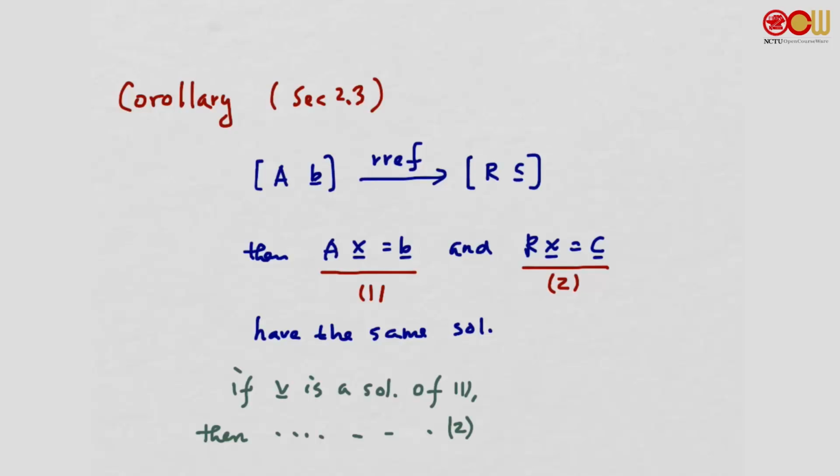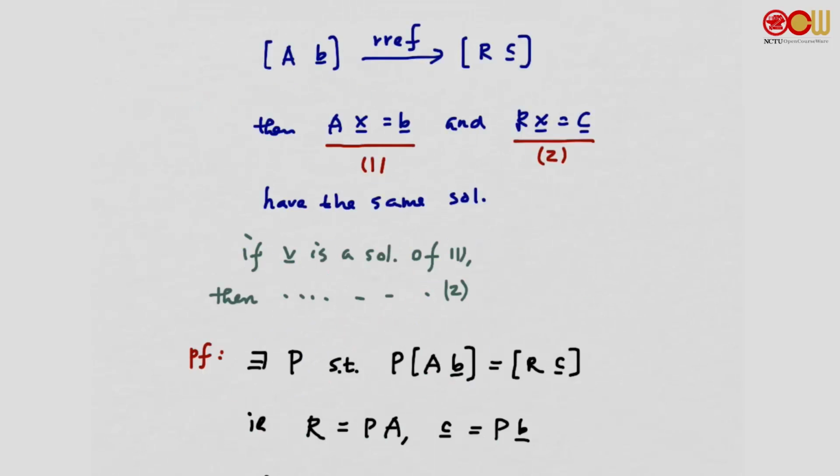If V is a solution of 2, then V is a solution of 1. So if we want to show that these two systems have the same solution, then we need to show both ways. Let's first start with some facts that we have already known.